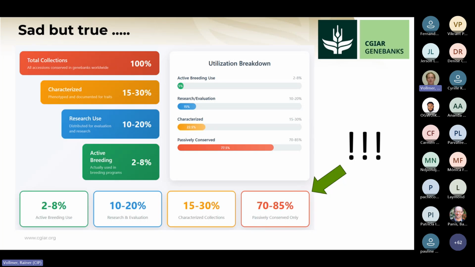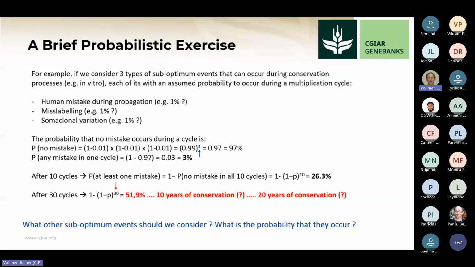And how much is used? 10 to 20% on average. And for active breeding, 2 to 8%. This means that passively conserved, as it's only maintained over time without doing anything else, you have a huge portion of 70 to 85%. So how to deal with this for clonal crops?